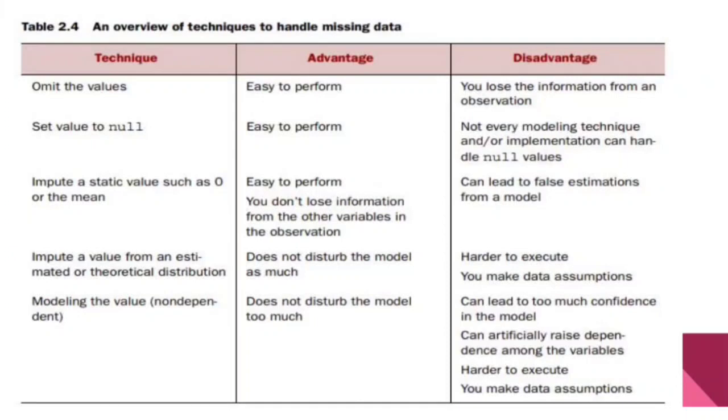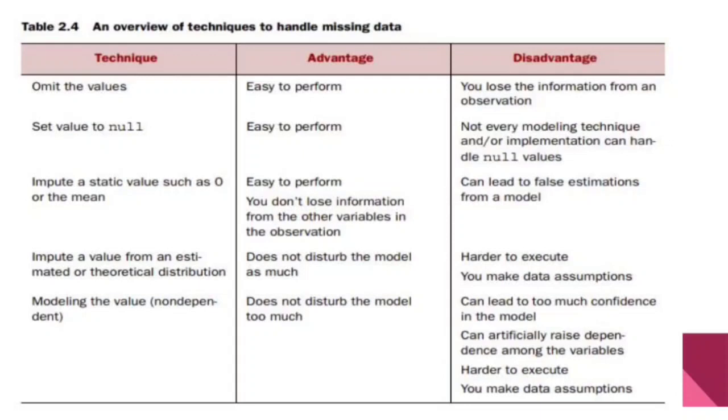Omitting the values makes it easy to perform the analysis, but we lose the information about the observation. Second one, set the value to null. Values which are not filled in the table, we can set as null. What are the disadvantages? Not every modeling technique or implementation handles null values.